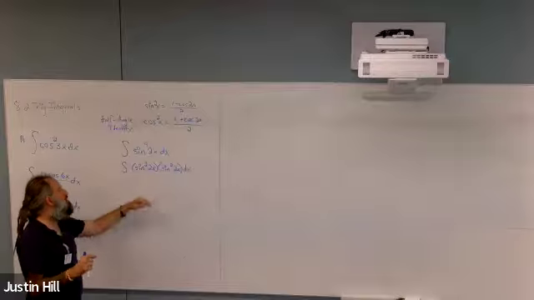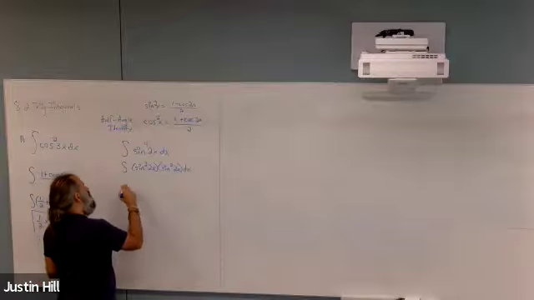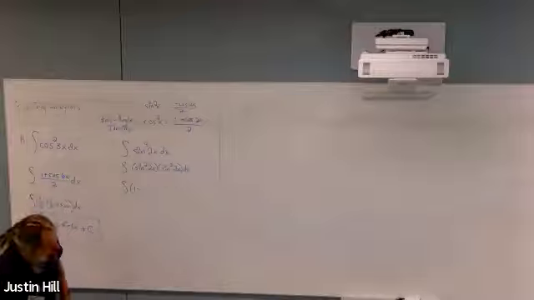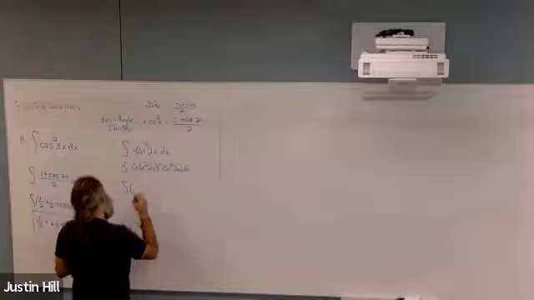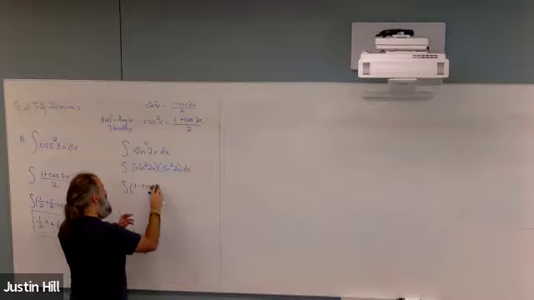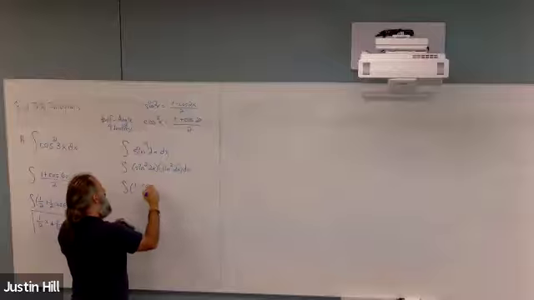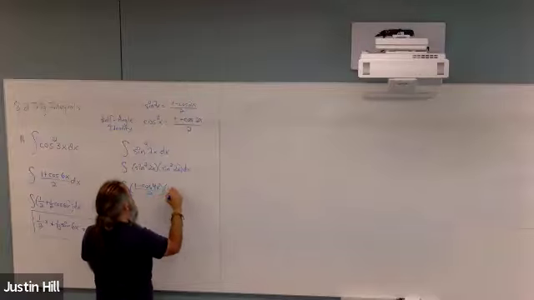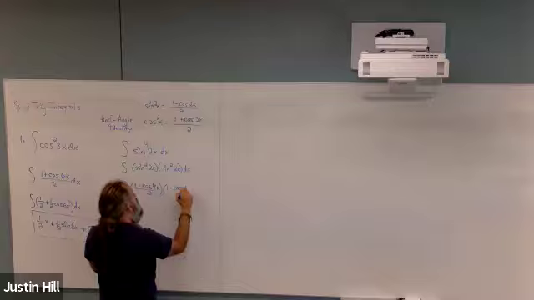So each of these is 1 minus cosine of double that angle, so cosine of 4x, over 2, also here.